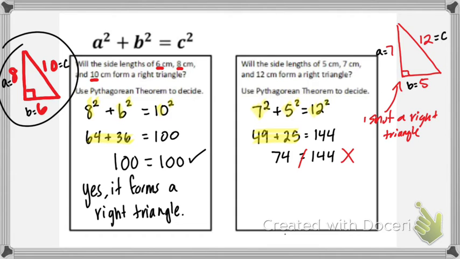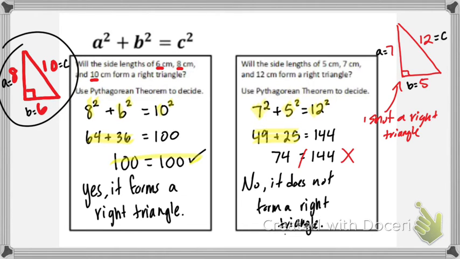So our answer, this one is no, it does not form a right triangle. Okay, so do you see here, when it does equal each other, like here it was 100 equals 100, that's the same, so that's a true statement.